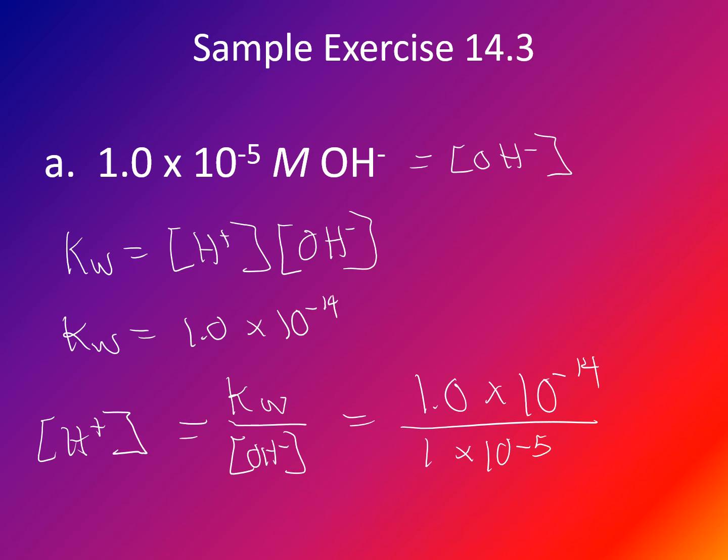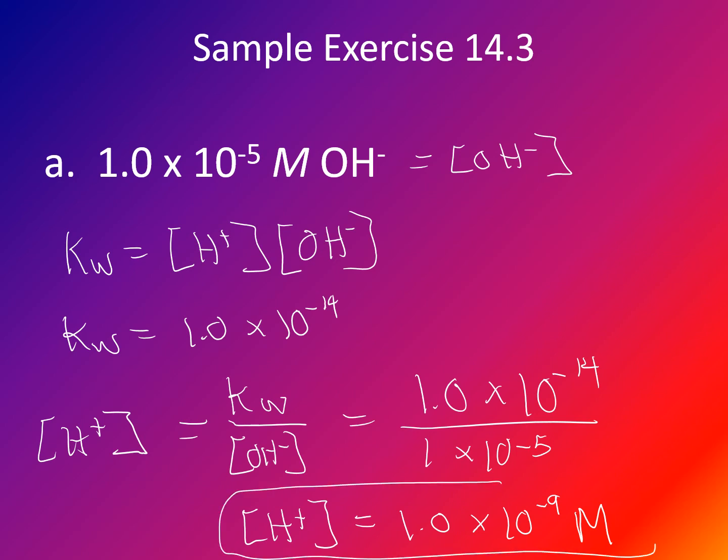Before you pull out your calculator, just think about it. You can do it. Remember, you subtract exponents. So negative 14 minus negative 5 gives you 1.0 times 10 to the minus 9th. Now I'm going to put my unit in for molarity. Put a box around it.